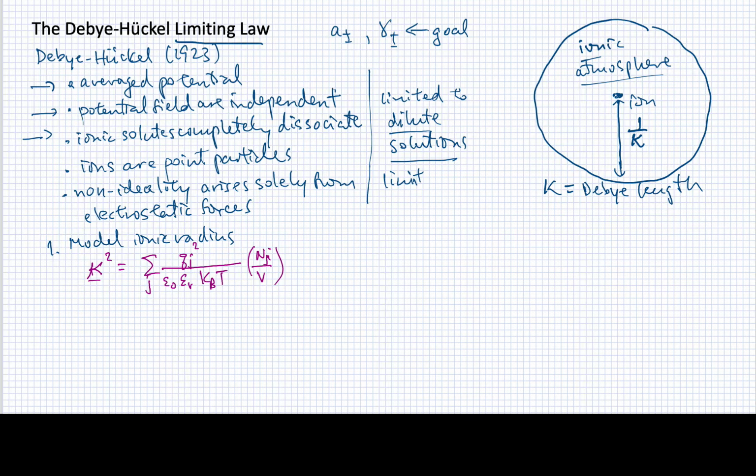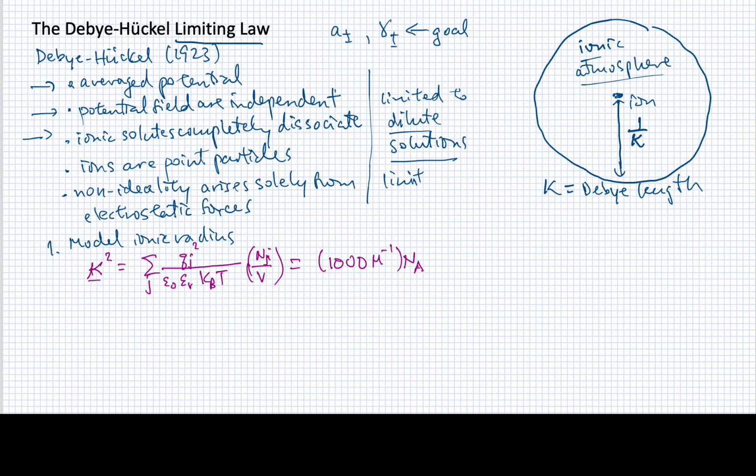I'll just say that it's a little bit more convenient when instead of using number density, one uses a concentration. So one can convert this to a concentration, say in molarity, by writing it like this. We'll have 1,000 in units of inverse molarity times Avogadro's number.